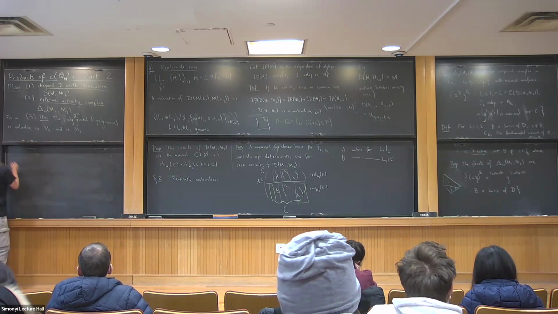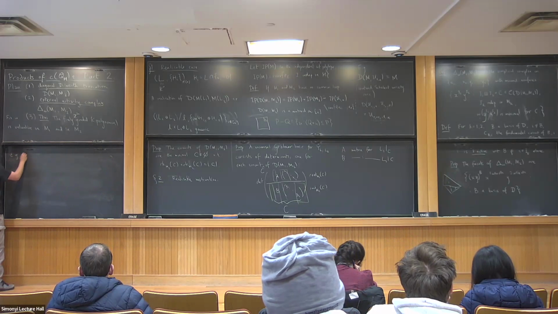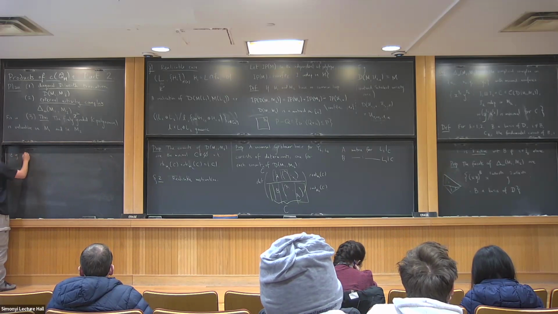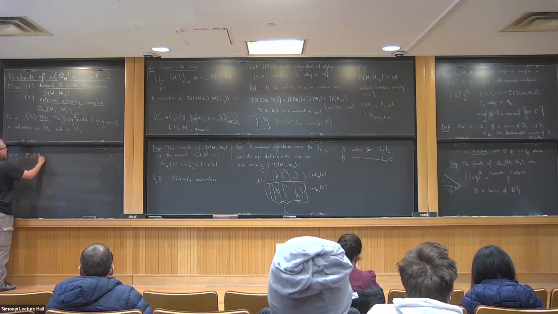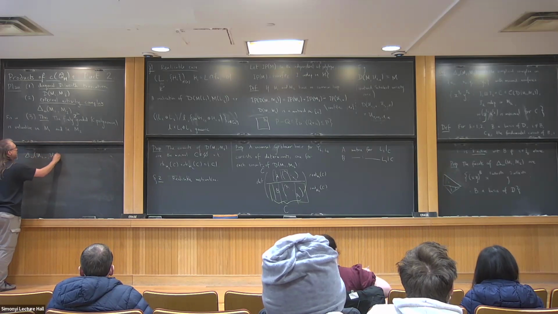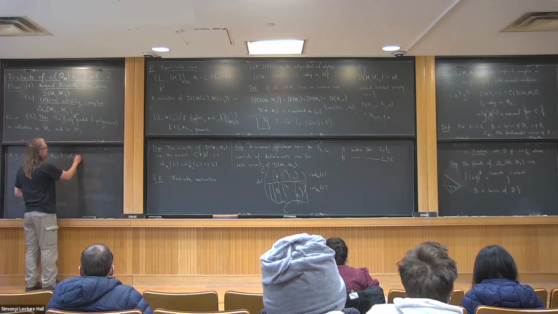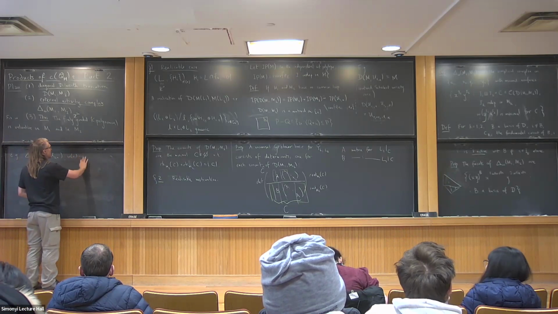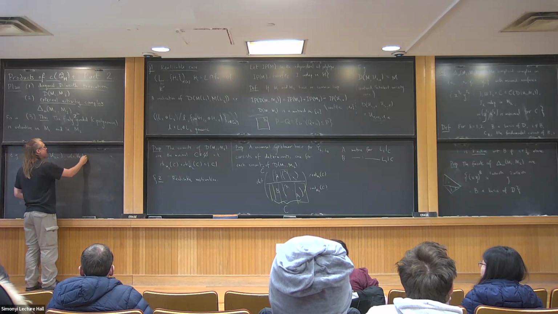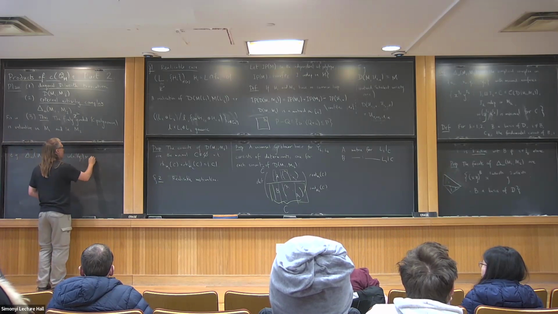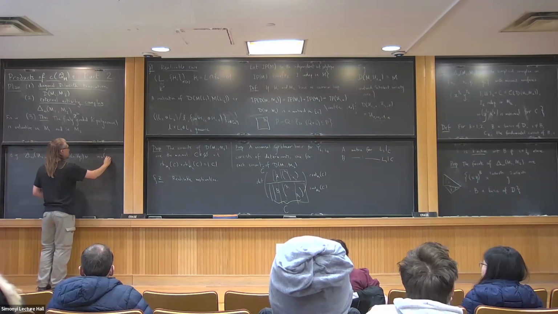So let's do U2N, U2N, where the weight of X1 minus weight of Y1, I guess I can write that as a ratio, is much bigger than X2, which is much bigger than Xn over Yn.